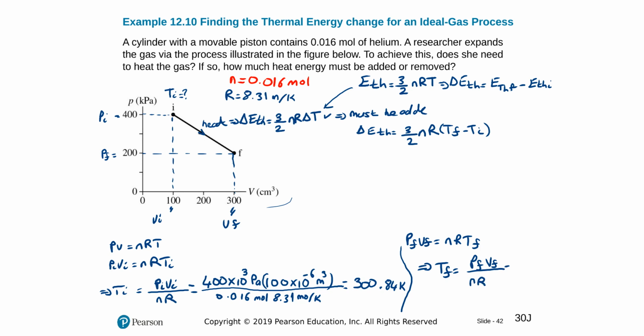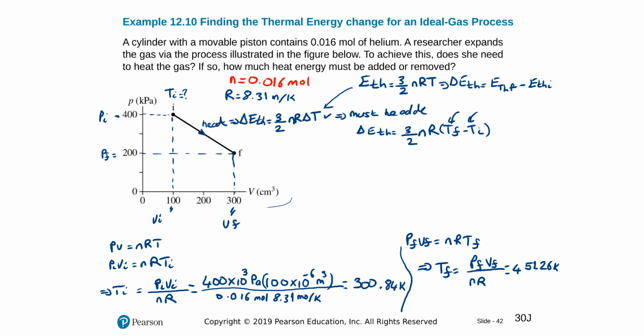Put in the values. You read V final from here, 300 centimeter cubed, P final 200 kilopascal, and you'll find your T final as 451.26 Kelvin. And you will insert these values here.